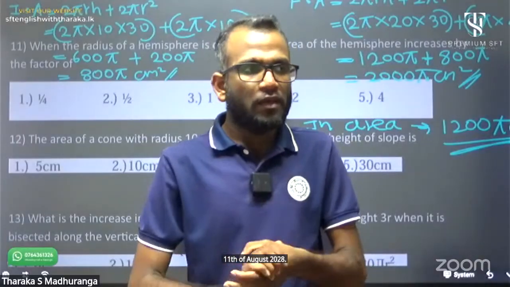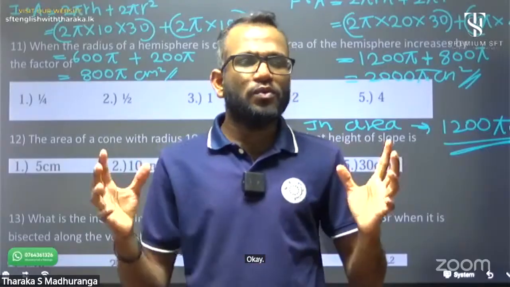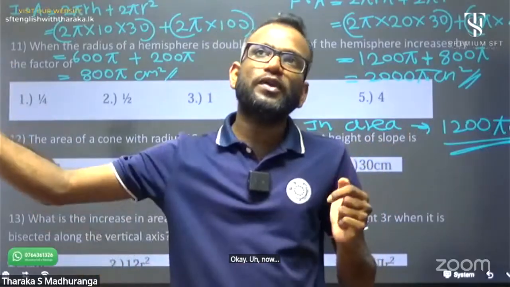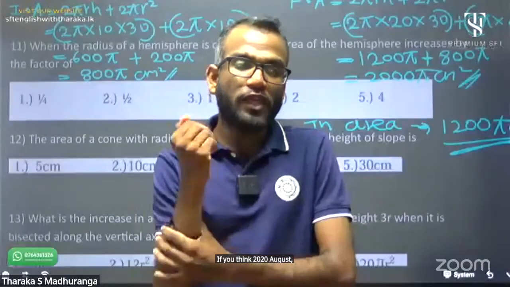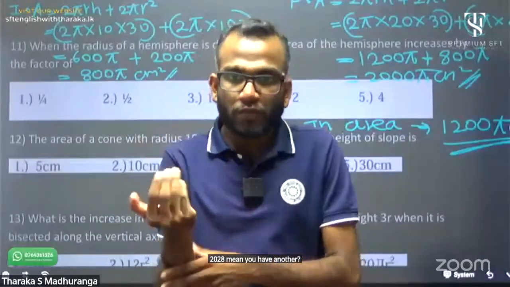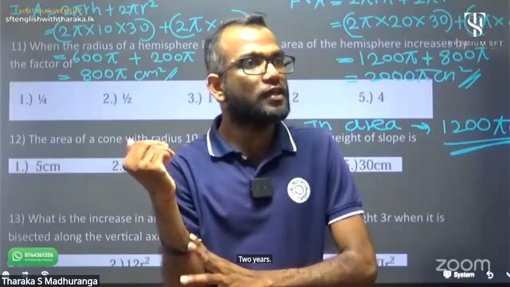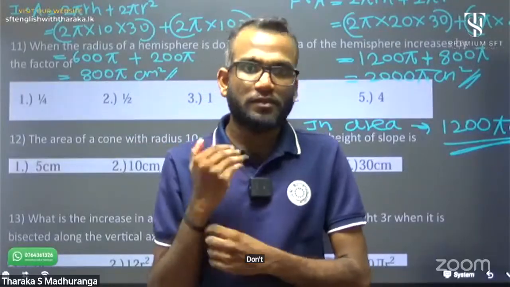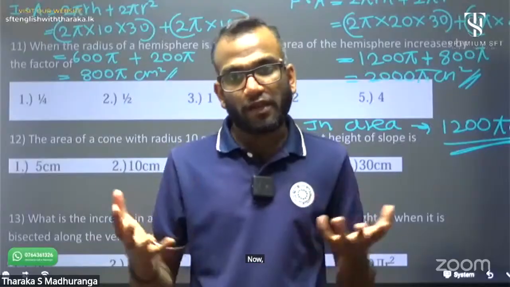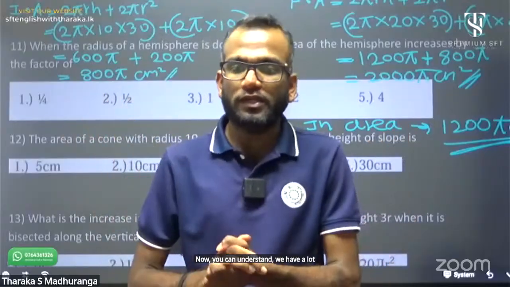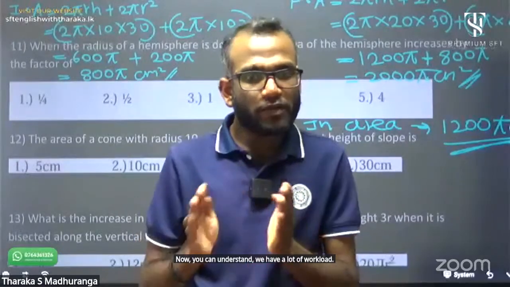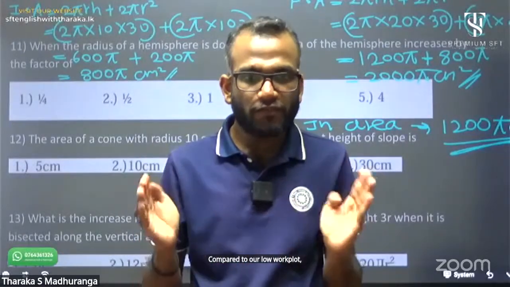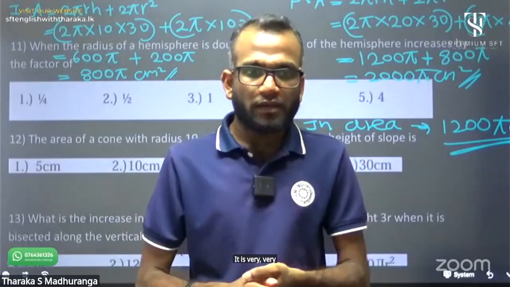2028, August 2028 means you have another 2 years. You have 2 years, but don't think like this, because now you can understand we have a lot of workload. Compared to our workload, it is very limited time.